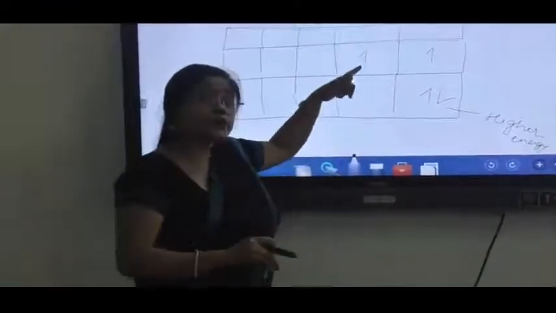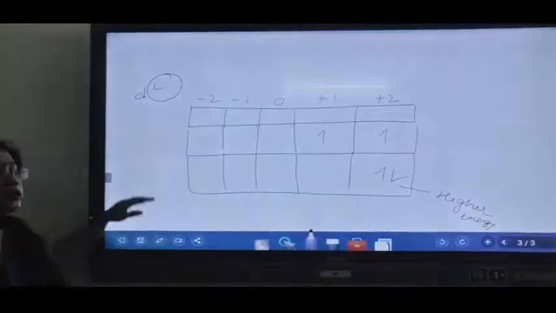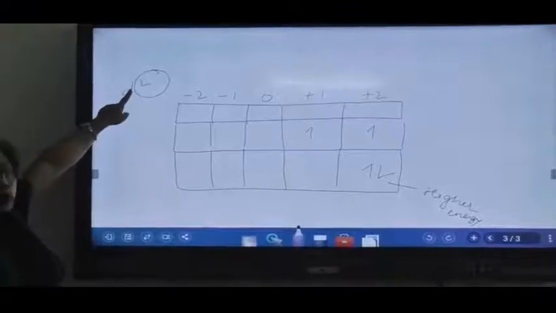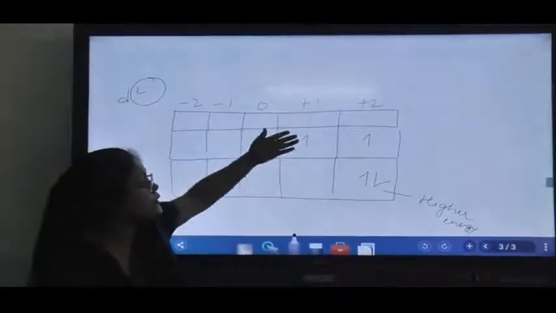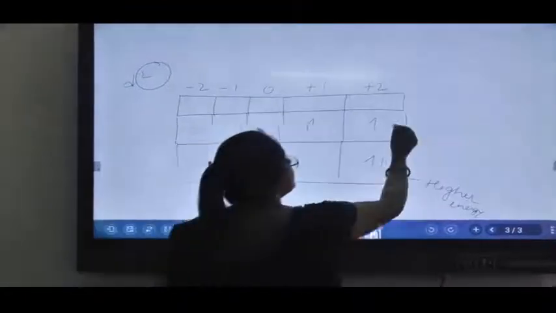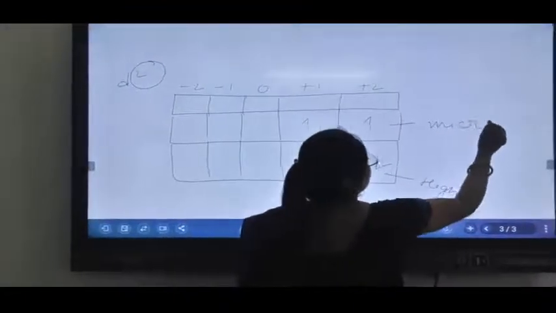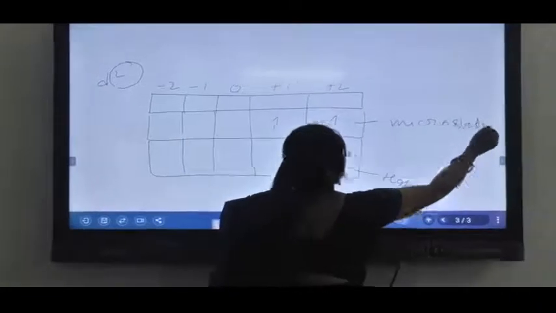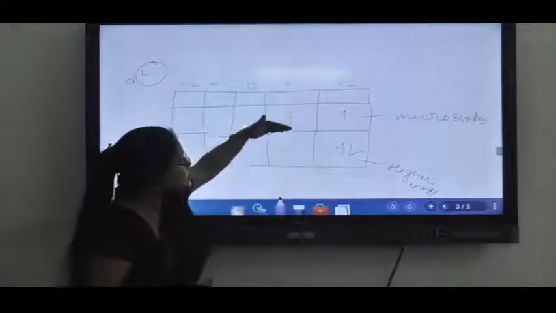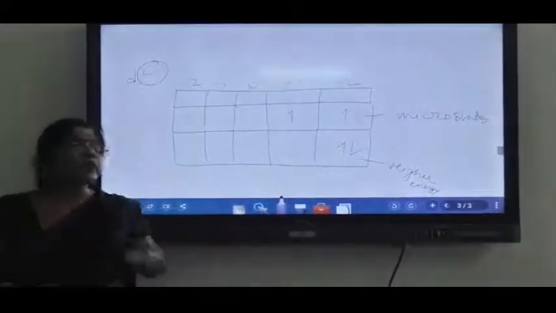These two different states for the same electronic configuration, two electrons in the d level, give different energies, and these are termed microstates. So if this represents one electronic state, these two arrangements give you two microstates.